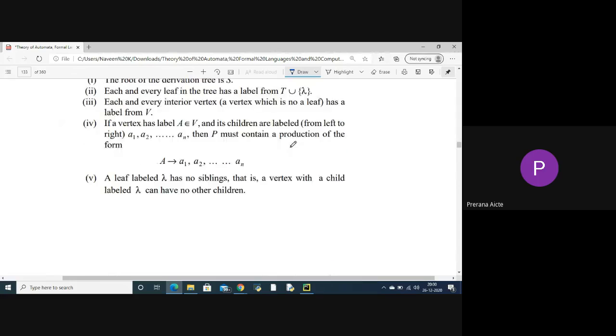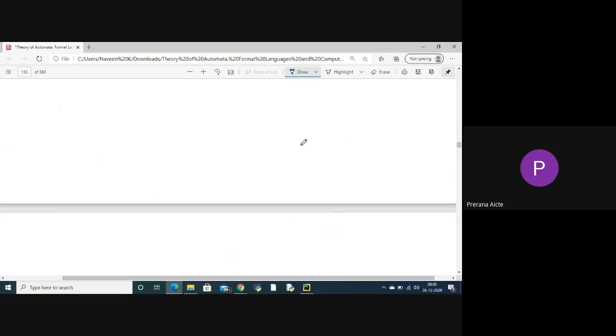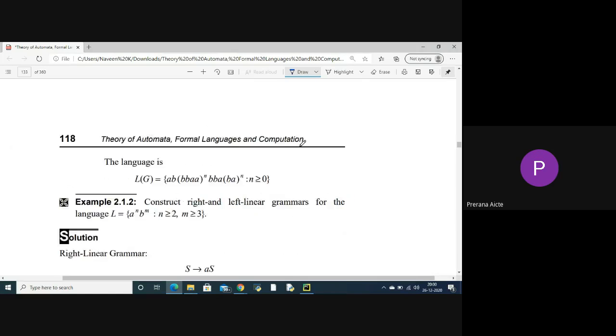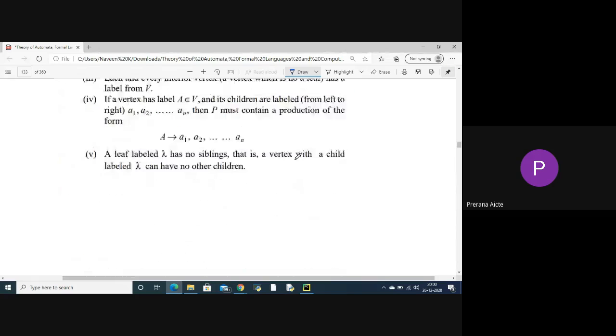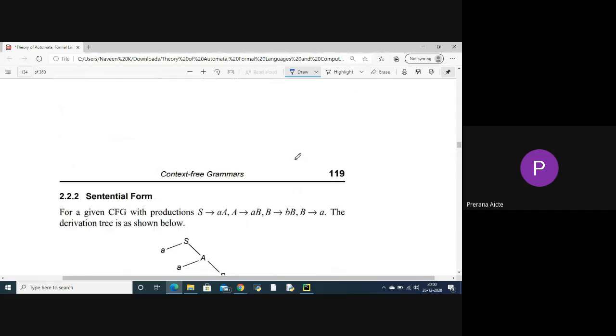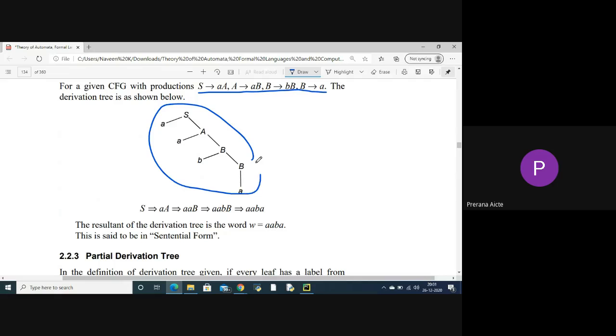Okay, I will draw here. Here for the grammar, this is called a derivation tree.